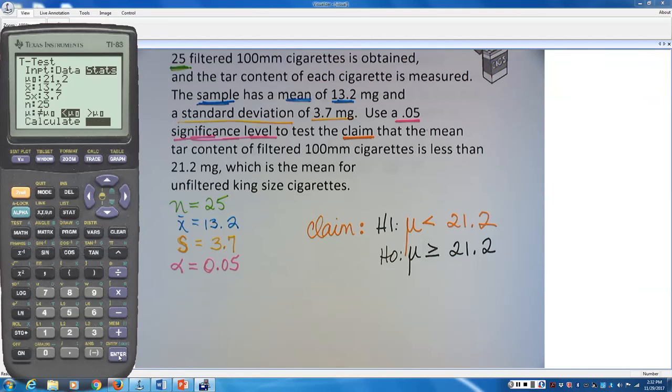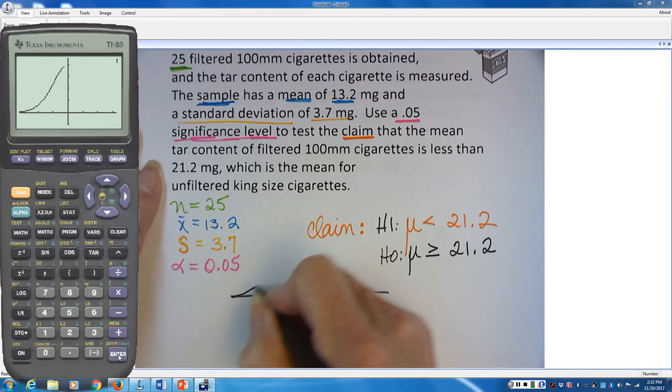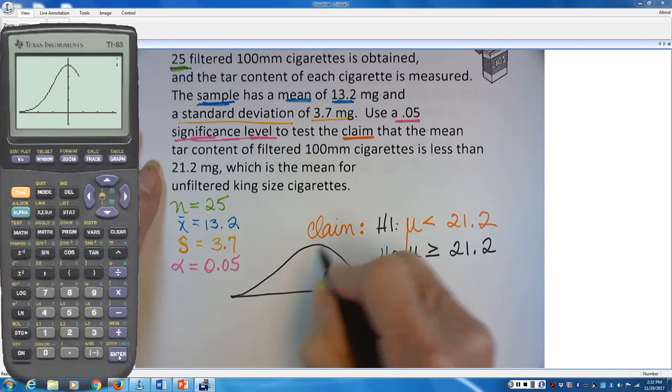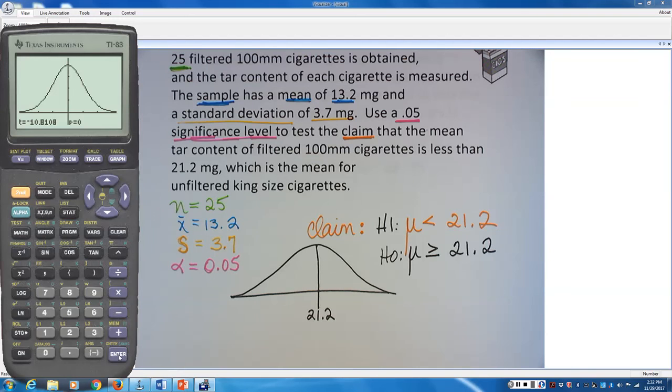And we're going to draw the picture. And this is what we see. Does anybody see any shaded area? Nope. And that's because P is equal to 0.